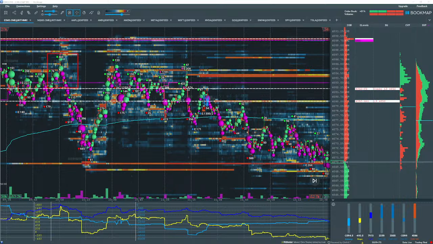Aggressive buyers with the green dots, volume dots, and then aggressive sellers come in, move price lower. Then there's a reversal higher, the shift from pink dots to green dots, and then a series of lower highs, and price finally breaks below the 4050 resistance level, again with aggressive sellers coming in there with the pink dots.